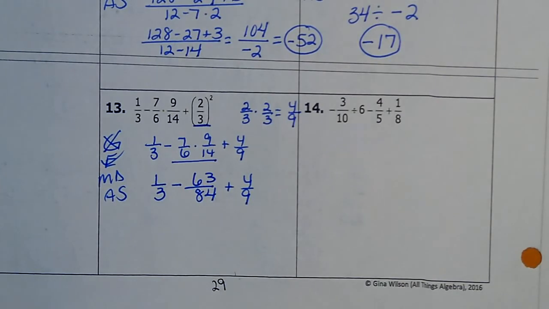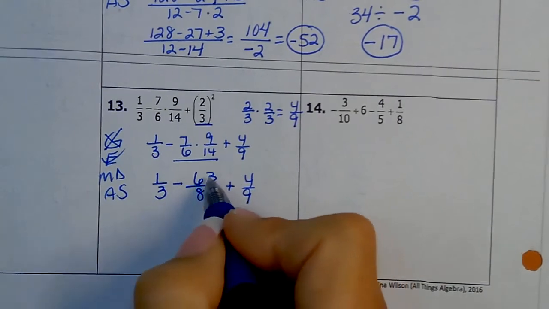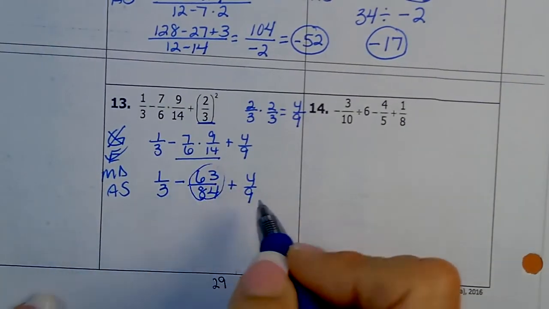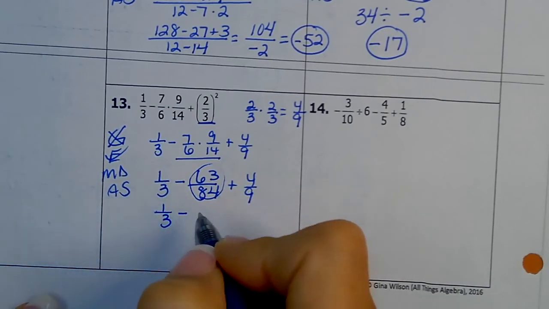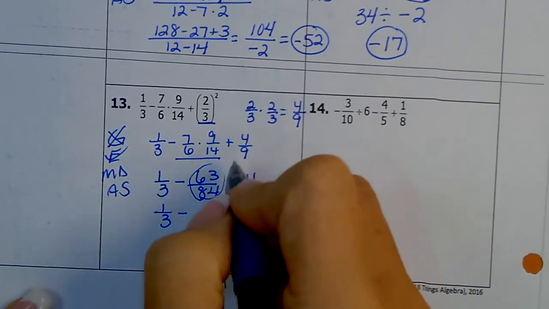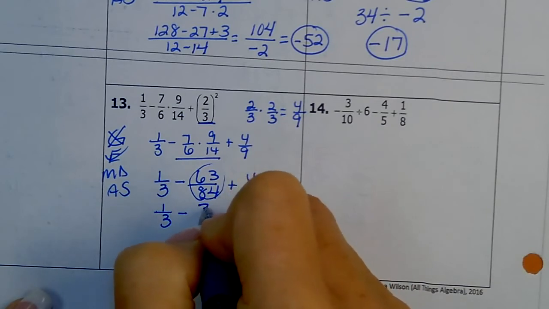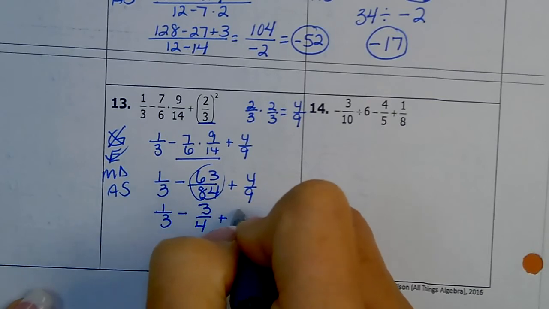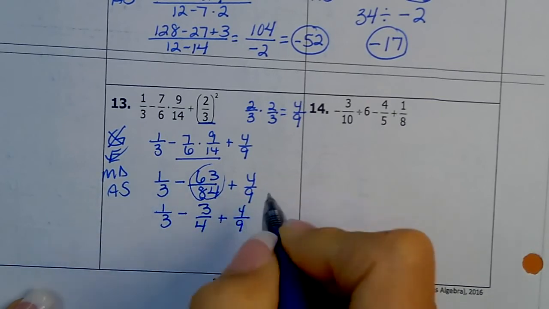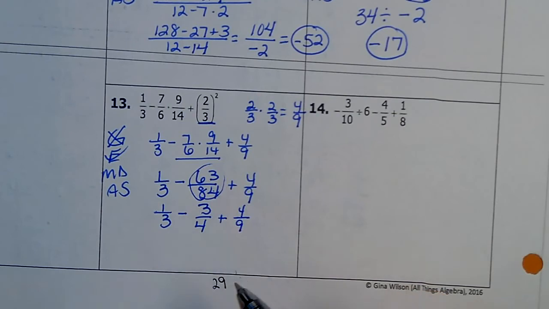All right, so now we can simplify this. Both of them are divisible, or both of them can be reduced to 3/4.